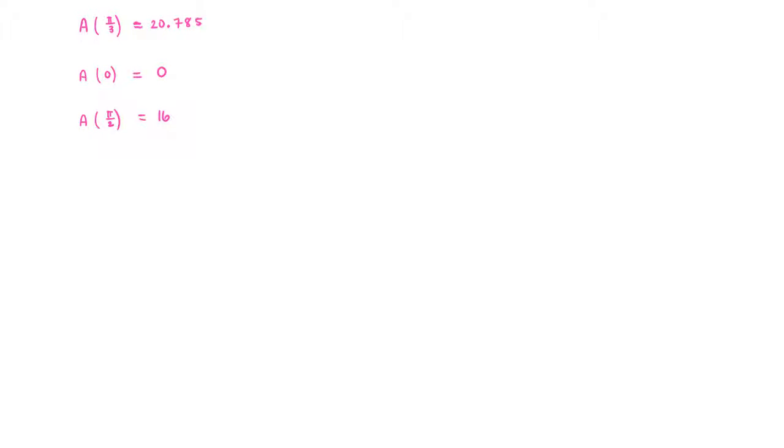Now you can notice that the highest y value that we achieve is precisely 20.785, and that happens when theta is equal to pi over 3. They didn't ask for the minimum value, the absolute minimum. They asked for the value of theta that will maximize the area.